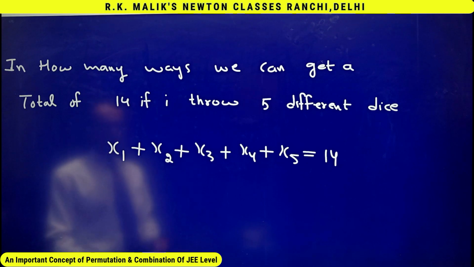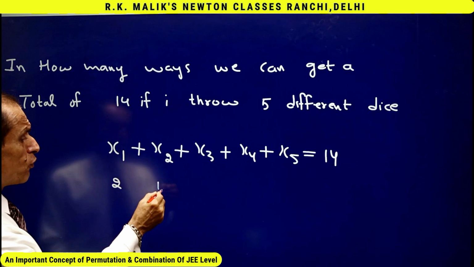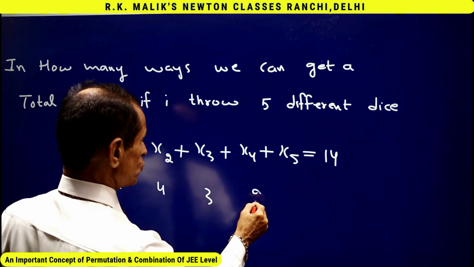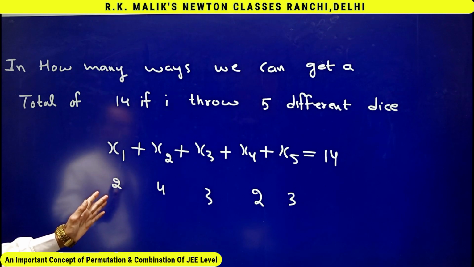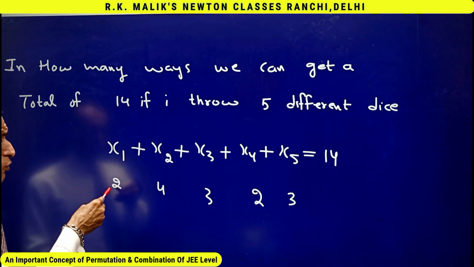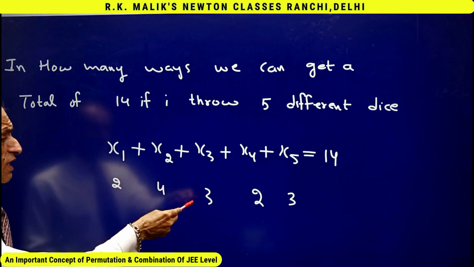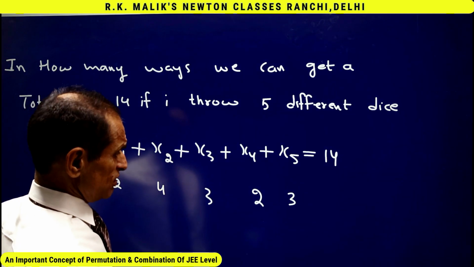For example, they will say a solution of this is 2, 4, 3, 2, 3. This solution indicates the way in which the first die shows 2, second die 4, third die 3, fourth die 2 and fifth die 3.